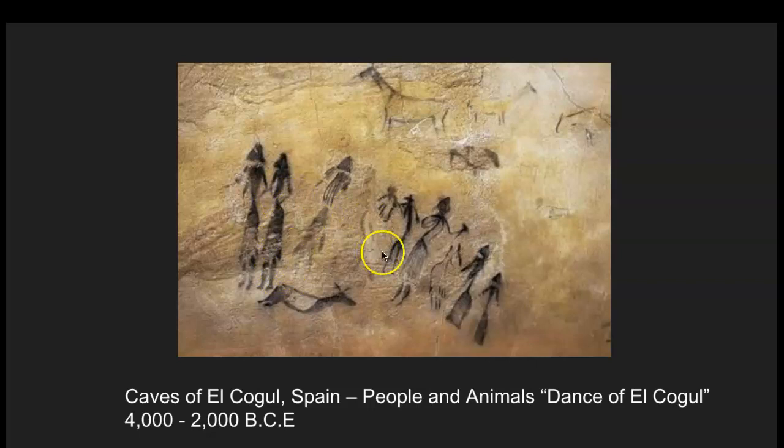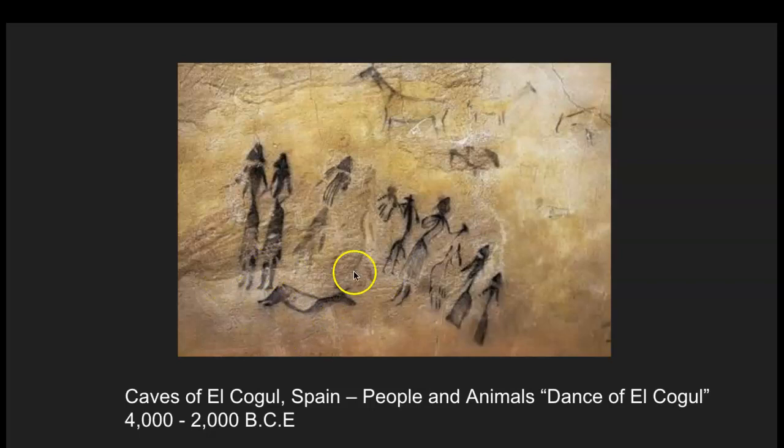They seem to be in motion. We see a lot of flailing arms and legs that seem to be walking. And then below we see an animal, perhaps a deer, in what we can call a flying gallop. There is the attempt to show rapid motion, and this is a way of delineating speed with animals.